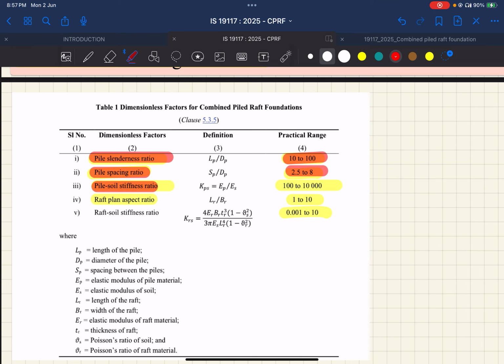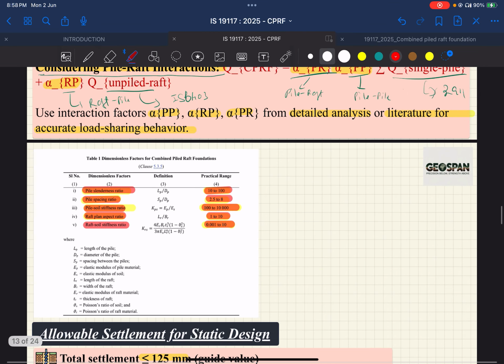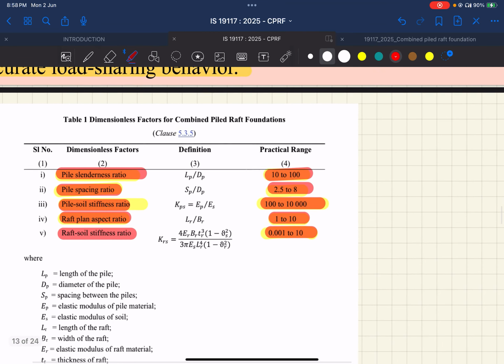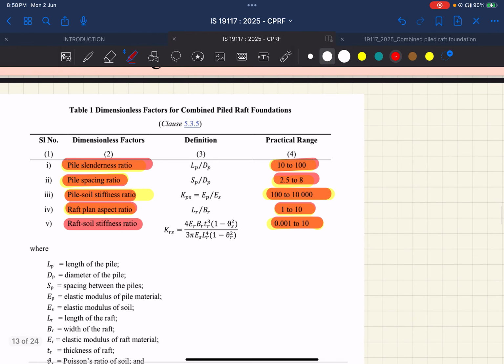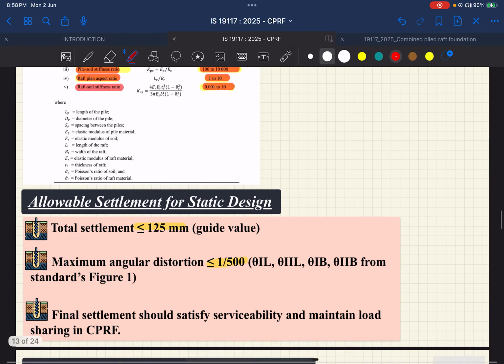The pile soil stiffness ratio should range between 100 to 10,000. The raft plan aspect ratio should range between 1 to 10. And the raft soil stiffness should vary between 0.001 to 10, which we can find in this table from IS 1911 2025.